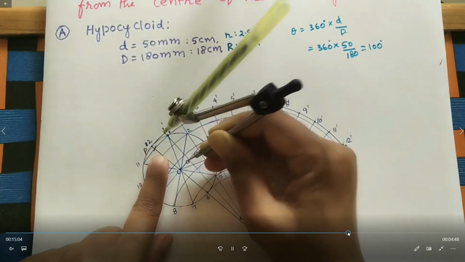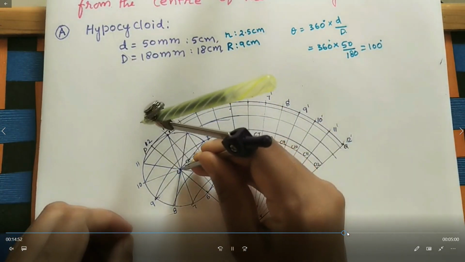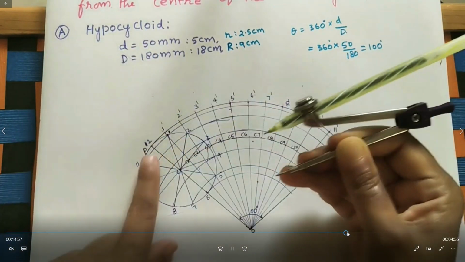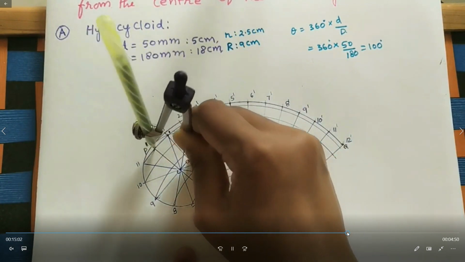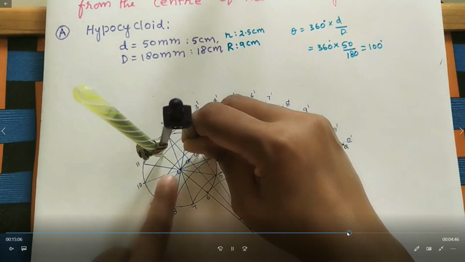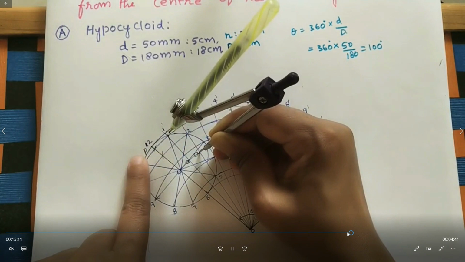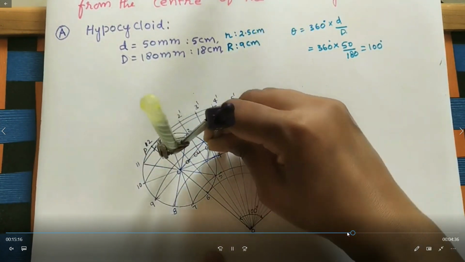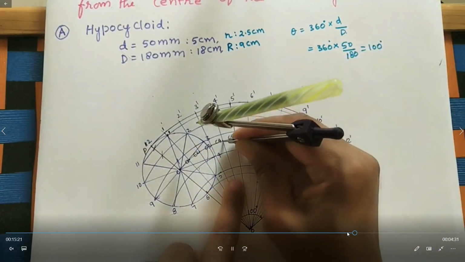Now with the help of the compass, we measure the radius 25. C1 is the center. You cut the first line. C2 is the center. You cut the second line. Next C3 is the center. You cut third line. Next C4 is the center.